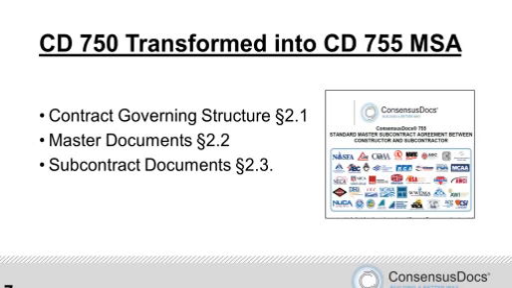Maybe it's more than philosophical, it's very practical as well, about what the impact and the import of this MSA is. So it's intended to govern all projects for which the constructor engages the subcontractor. It does not create an obligation, though, for the contractor to use the sub, or for the sub to accept future work, but it establishes the terms and conditions for that relationship going forward.